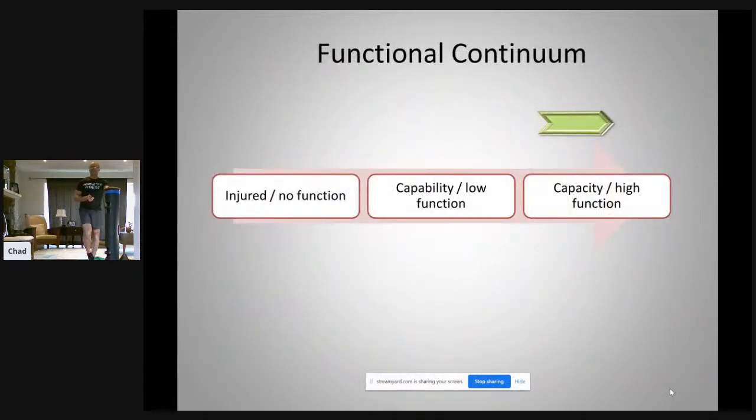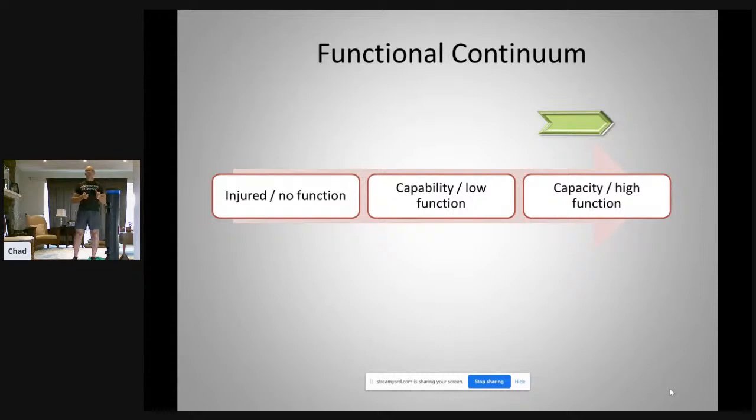So again, the point of the matter is that there's a functional continuum, right? You're injured, you don't have function. You have an acute tissue trauma to that joint that's supporting the tissue. Or you have low function, which means that maybe you're rehabbing, maybe you're on your way back to play, as I refer to it, or maybe you're just relatively new to exercise and therefore you're fairly low on the functional progression continuum and haven't really worked on the mobility patterns and haven't taken a strategic approach to it.